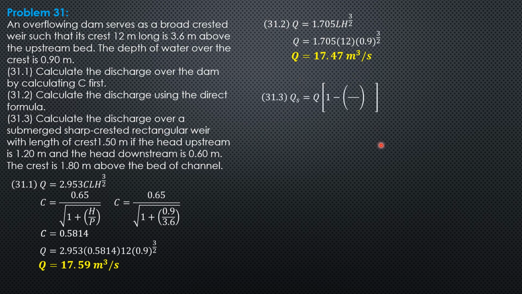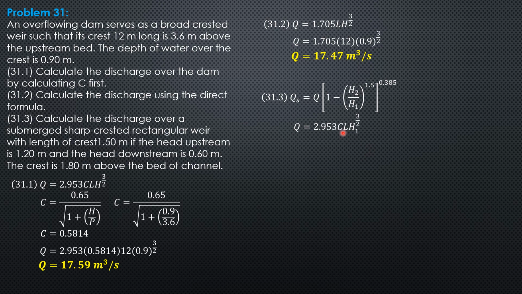So Q sub S equals Q times the quantity 1 minus H2 over H1 raised to 1.5, then the entire quantity raised to 0.385, where Q is 2.953 C L H1 to the 3/2.